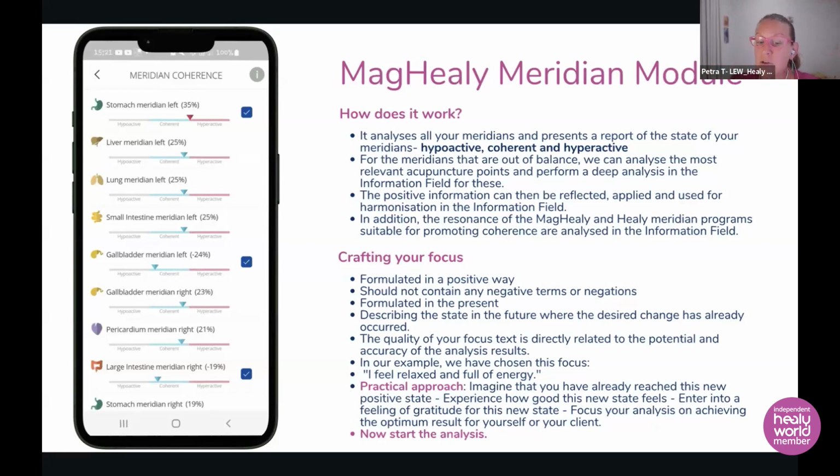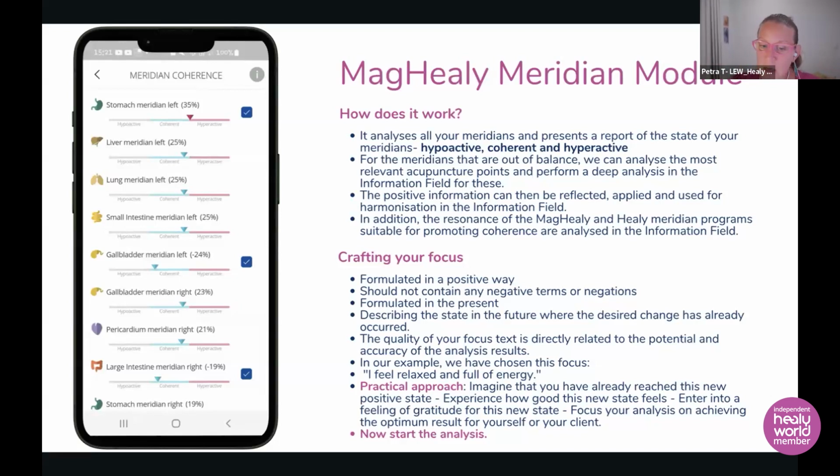Experience how good this new state feels in the body. Explore your emotions around it. Enter into a feeling of gratitude for this new state, meaning I am so grateful I have this in my life. Not, I don't have this, I feel lack. No, I have this already in my life and it feels so good. And I'm so grateful for that.